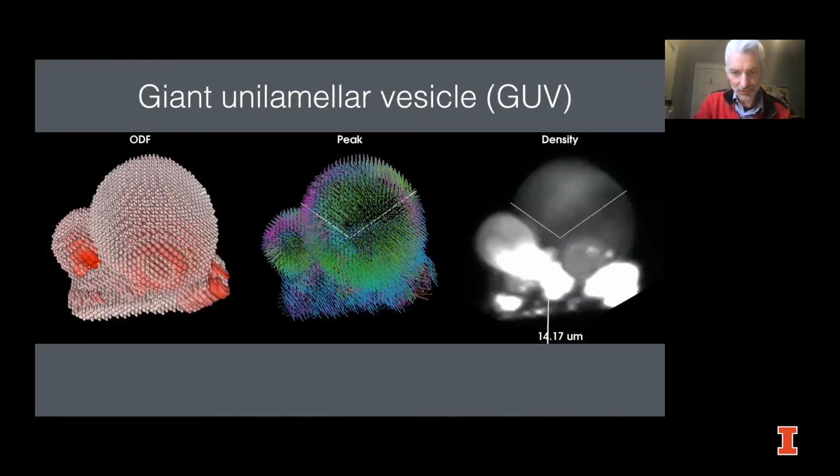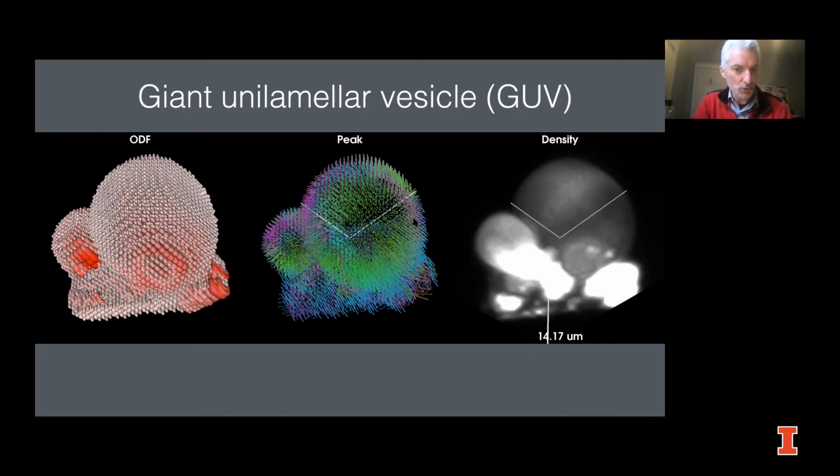And this we tested on a kind of biological phantom. This is something called a giant unilamellar vesicle, a GUV. It's a bubble-like membrane. And these dyes are known to stick axially, radially through the membrane.